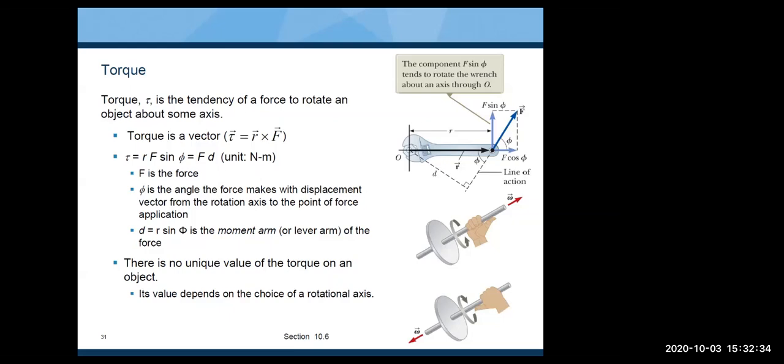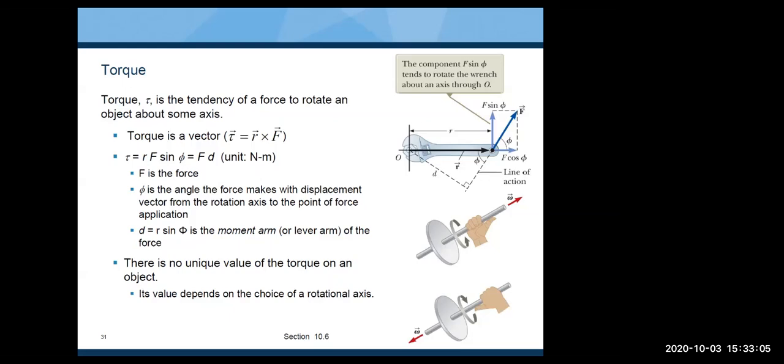In the case of the torque, you are changing the motion of a rotating object by causing it to accelerate in the rotational sense. Of course, acceleration could be positive or negative. So you could be increasing the angular speed or decreasing the angular speed. But in any case, you are changing from an original pattern of motion into another.